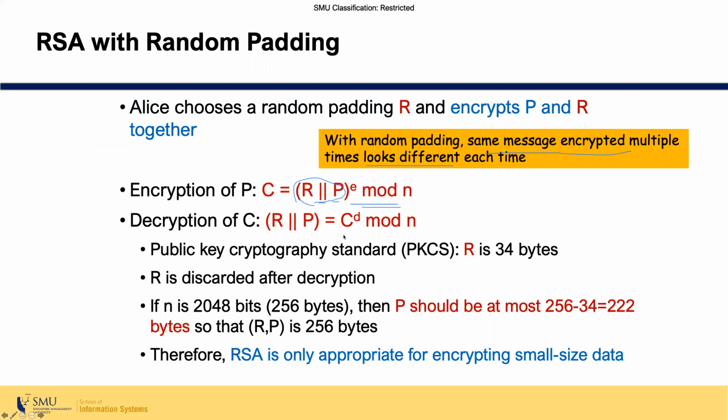And decrypting involves the same processes, but the thing is, after decrypting, the value that you get is the random padding concatenated with the original plaintext message.